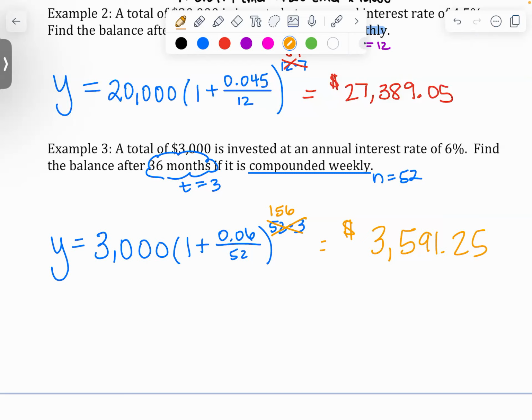It's possible I wrote it down wrong. Let me look. We're trying to think about it.